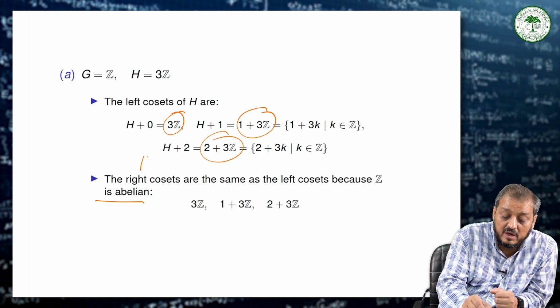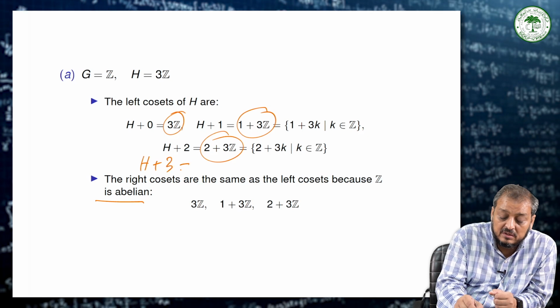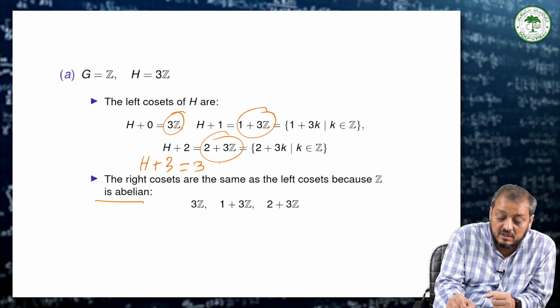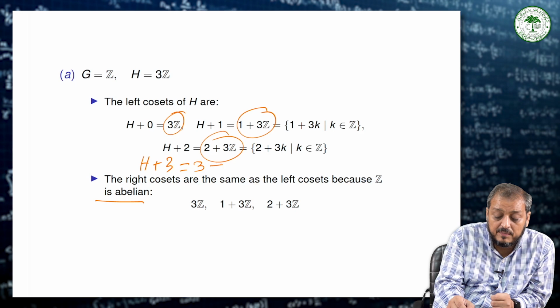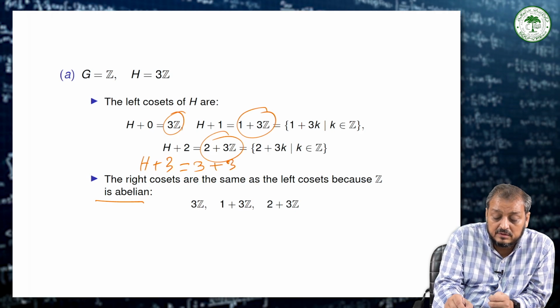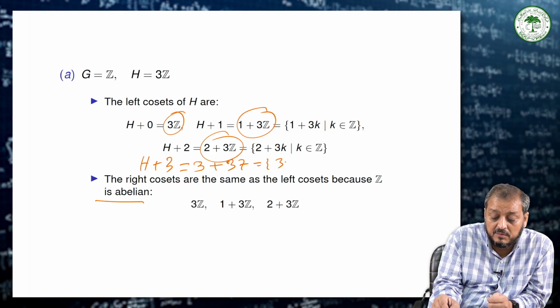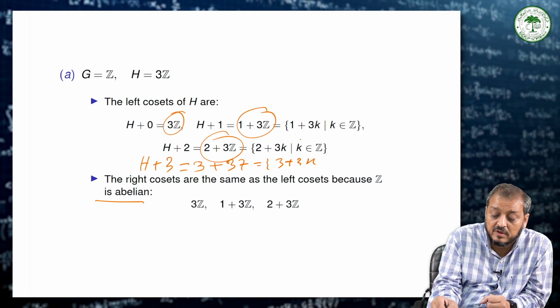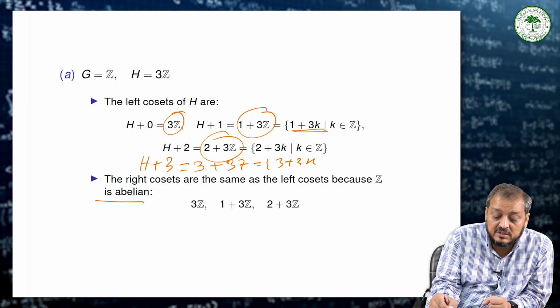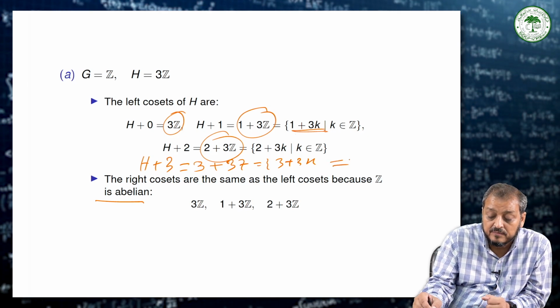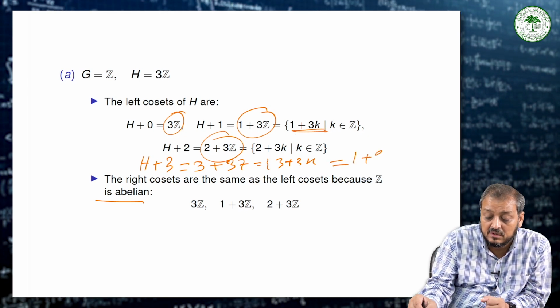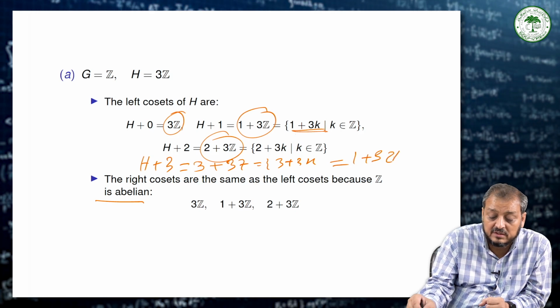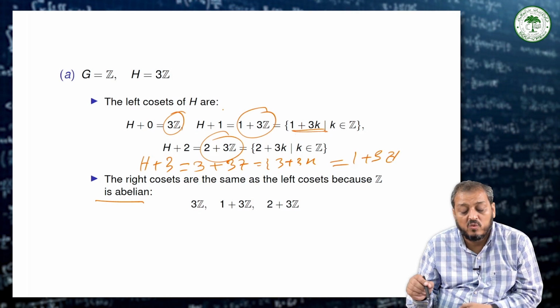If you take H plus 3, it is 3 plus 3Z, which is 3 plus 3k, which is 3 times (1 plus k), the same as 1 plus 3Z, the same as H plus 1.